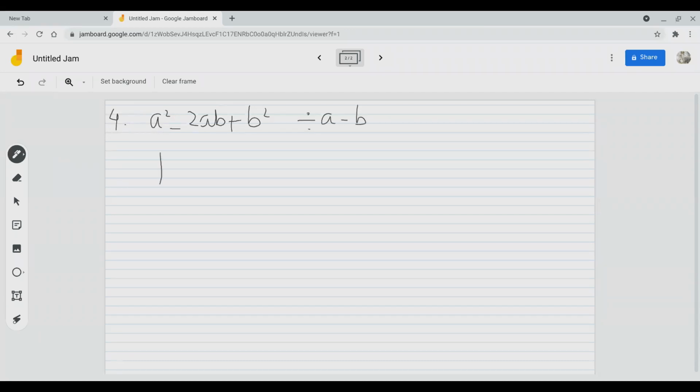I'm going to write a minus b here, and a square minus 2ab plus b square.